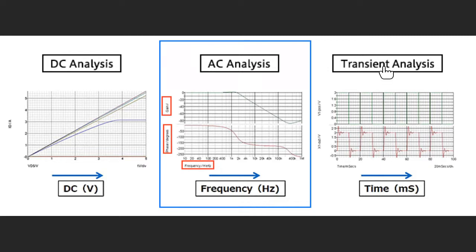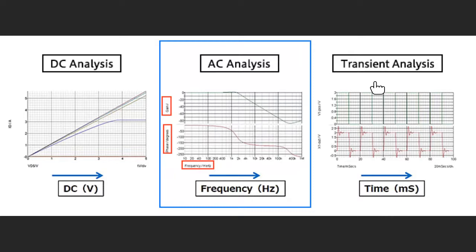The third one is transient analysis, in which you will measure the voltage with respect to time. DC analysis we have finished in the previous experiment. AC analysis we are going to learn in this experiment. Transient analysis we will learn inshallah in the next experiment, experiment number 5.